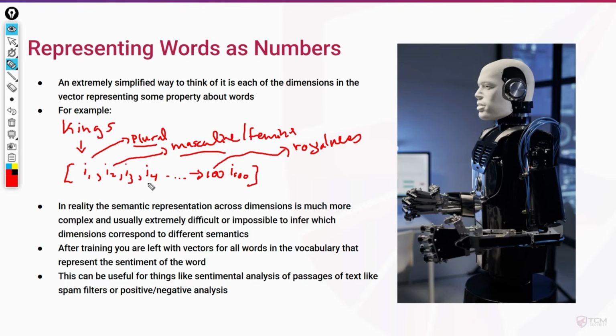But the key idea here is that after training, you're left with vectors for all of the words in the vocabulary that are able to represent the sentiment or meaning of that word. And this can be very useful for things like sentiment analysis of passages of text, such as a spam filter, or being able to look at comments and see if they are negative or hateful or things like that.